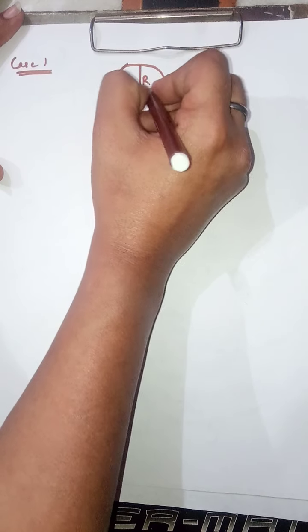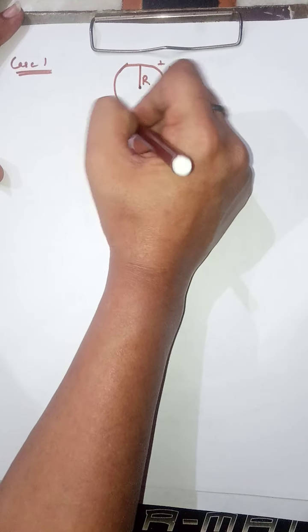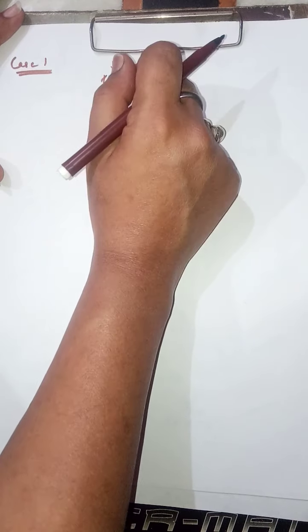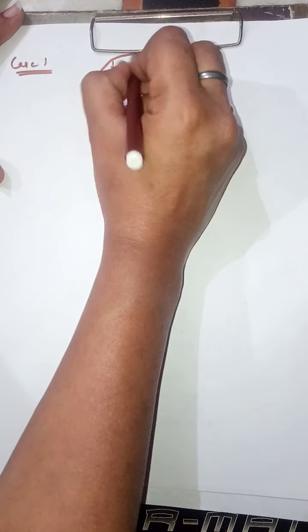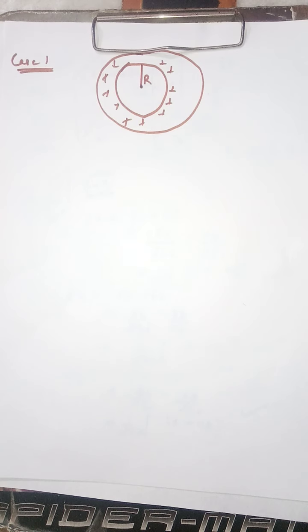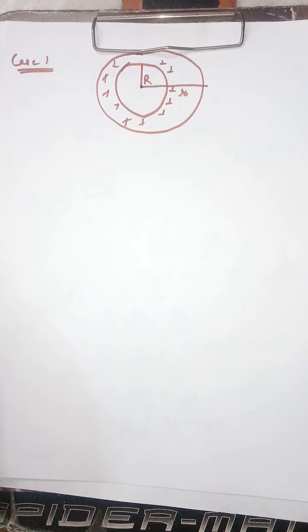We have this shell of radius R. A positive charge is present on this. Let us consider a portion outside this shell, and the radius belonging to this portion is denoted by small r.